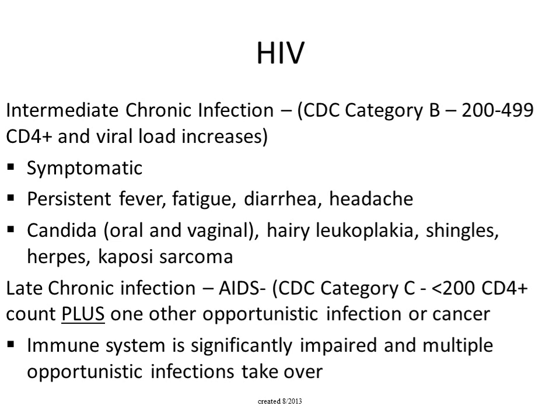Then we move into the time period we call intermediate chronic infection, where CD4 counts start to drop. They're between 200 and 500. The viral load begins to increase, and that means that the immune system is beginning to fail. The virus is getting the best of the immune system.